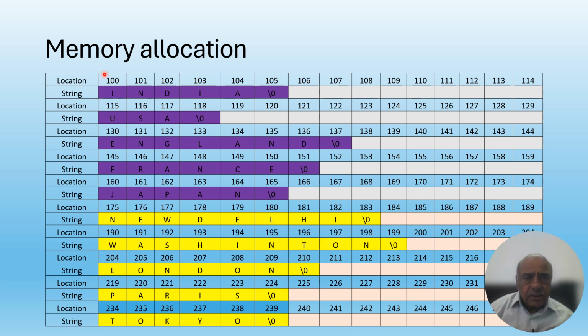So 100 is the 0th location and 248 will be the last location, or the end location where the array will end.